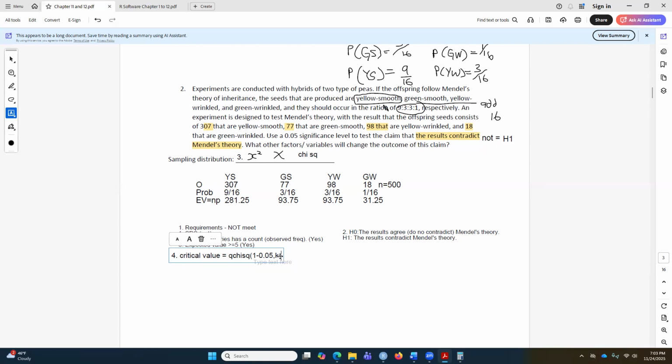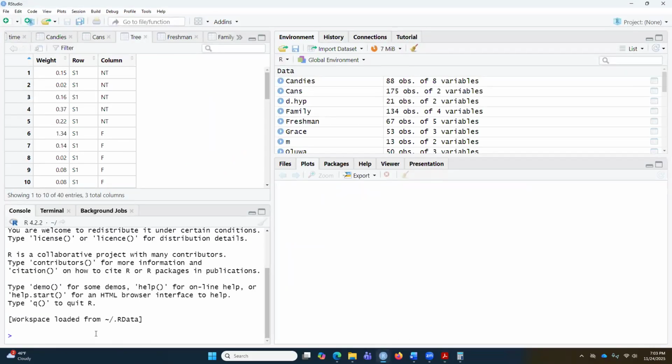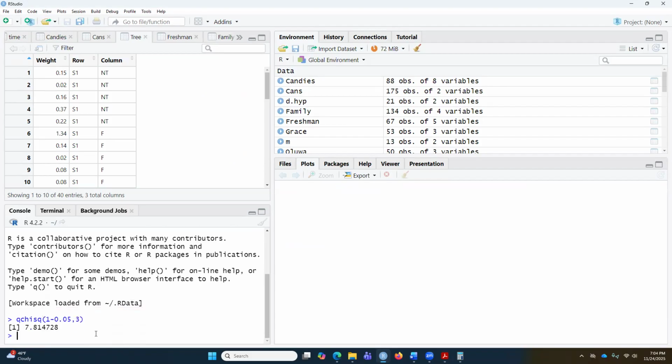Just want to point out, 4 minus 1 is 3. And then you go into your RStudio to do this. So just type in qchisq of 1 minus 0.05 and then 3. That will give us 7.81.